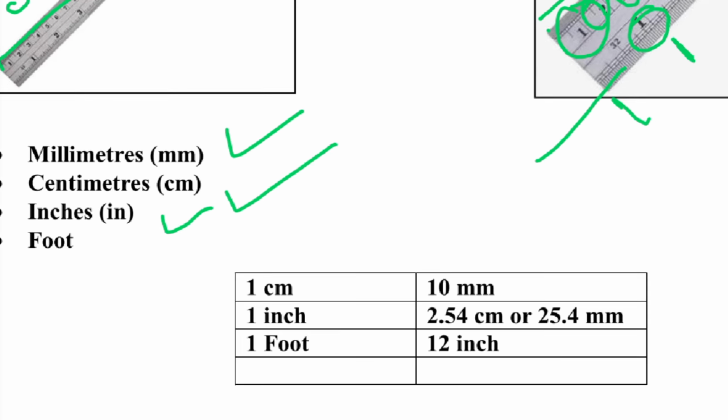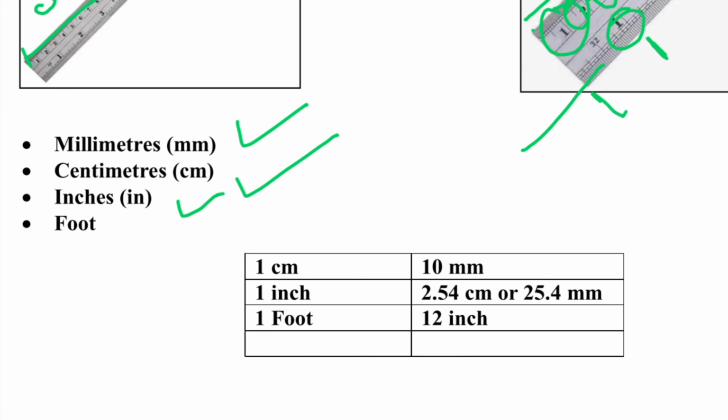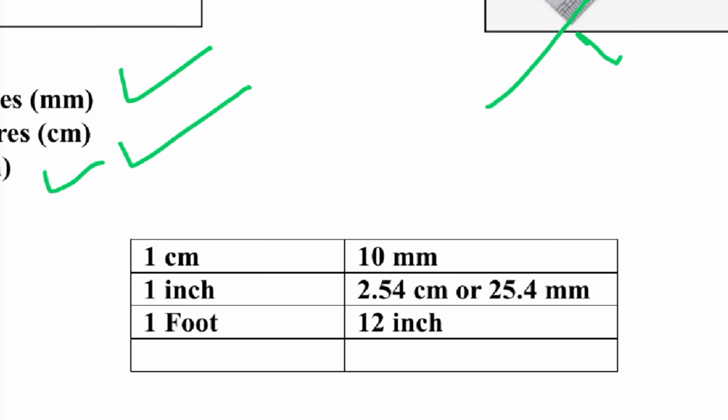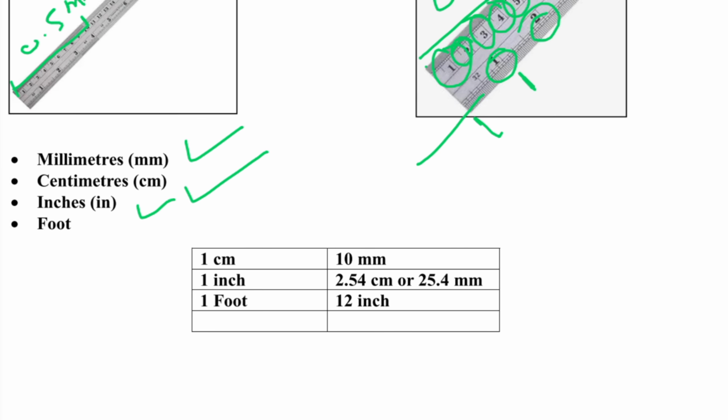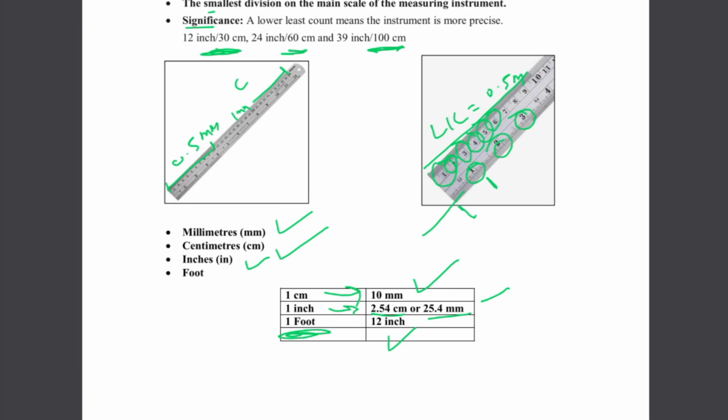So this is the mm, centimeter, and I wrote the table that 1 centimeter equals 10 mm, 1 inch equals 2.54 centimeter, that is 25.4 mm, and 1 foot equals 12 inch, right?